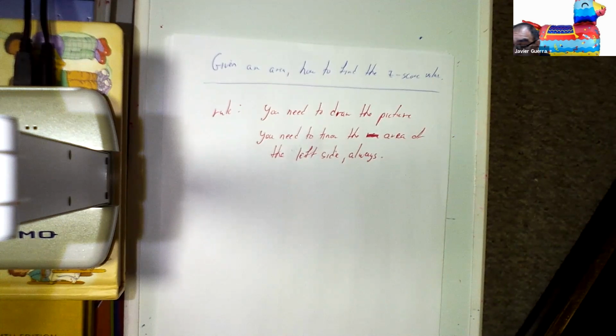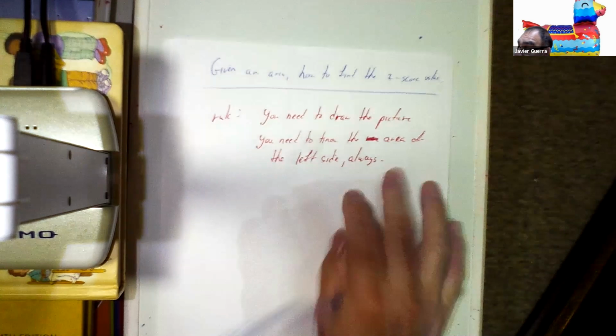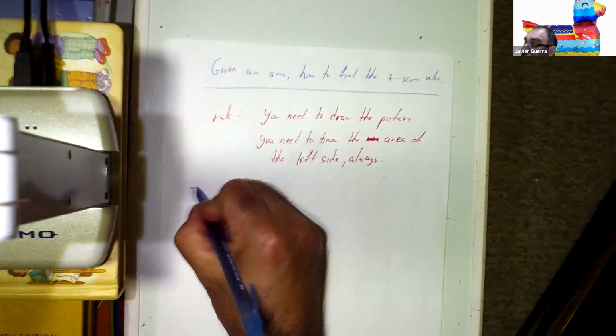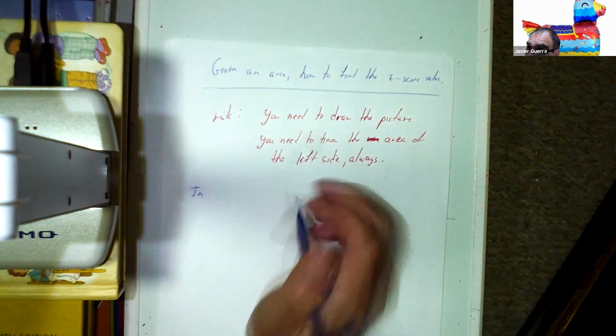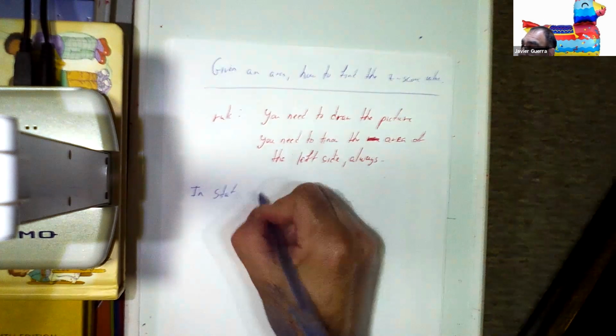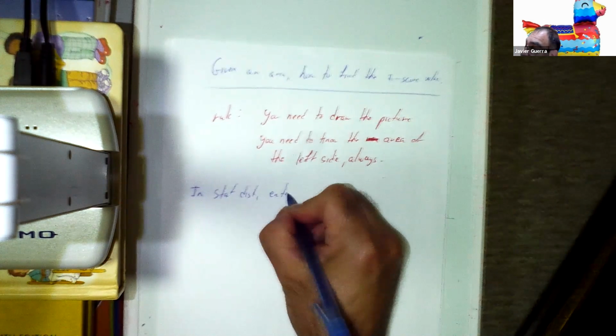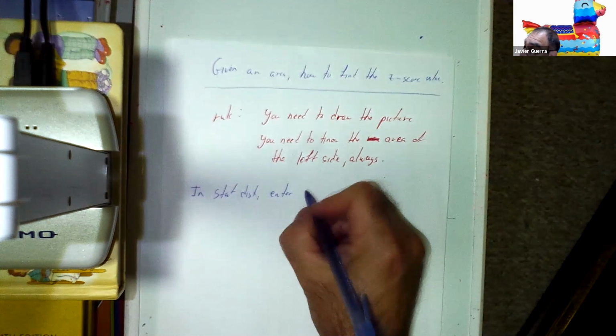All right. So here's how you do it. In StatDisk, there was another window that appeared. That bottom one is where you're gonna put that number in. Enter in StatDisk the area.